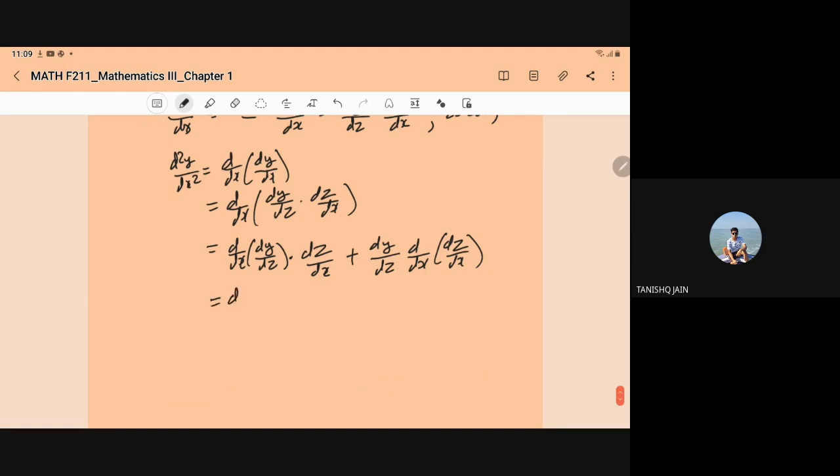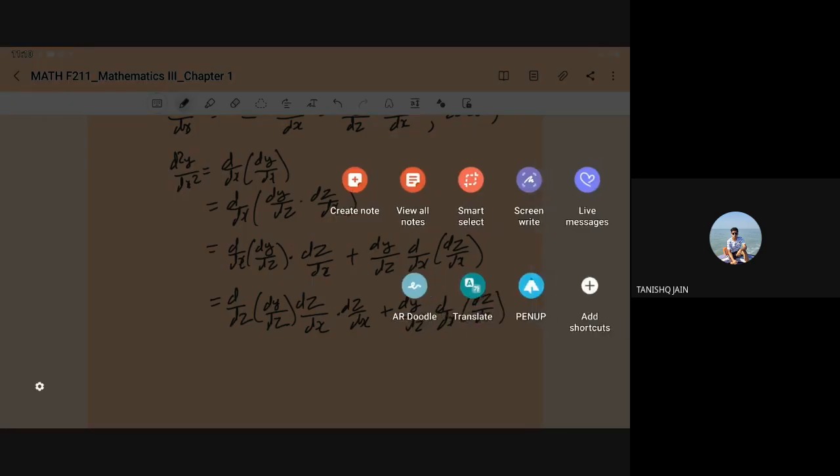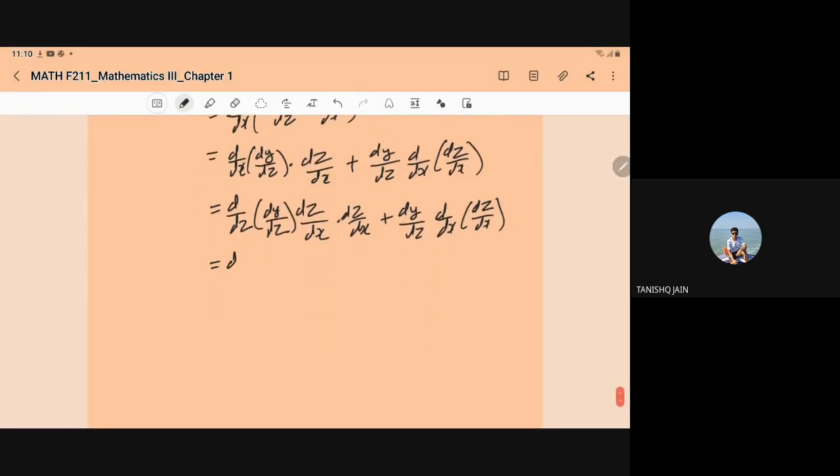And this can be written as d²y/dz² into dz/dx, and one dz/dx is already there, plus dy/dz, d/dx of dz/dx. So this becomes d²y/dz² into (dz/dx)² plus dy/dz and d²z/dx².